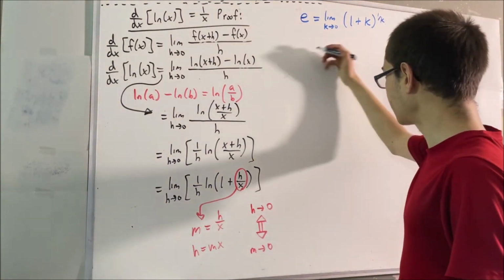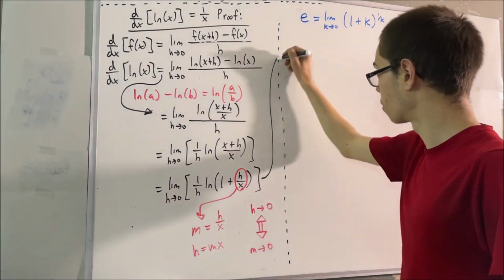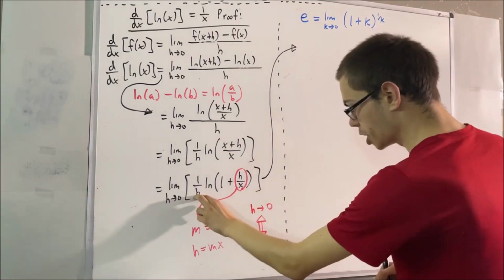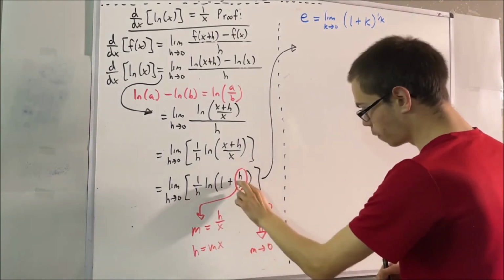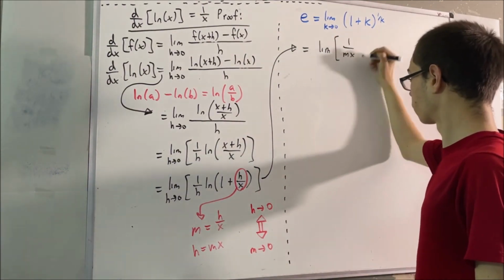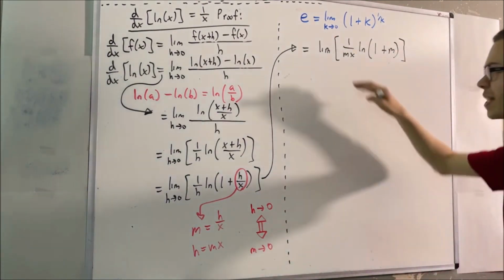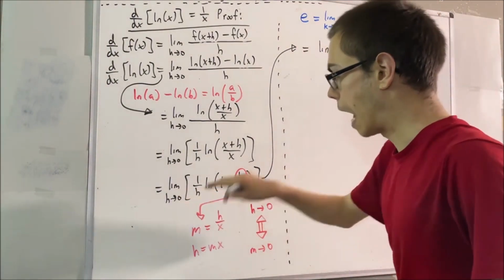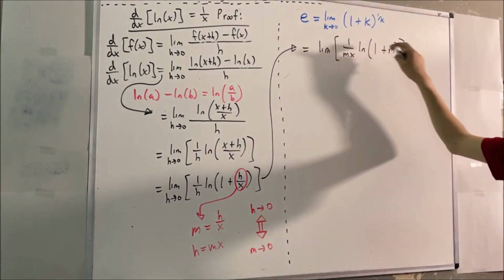So let's move back up to the top. What we're going to do is replace the h with mx and the h over x with m. So this is our limit, but remember, this was the limit as h approaches 0. However, we have replaced our h's with m's.